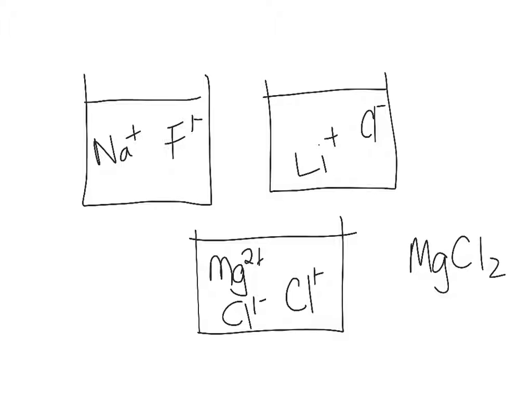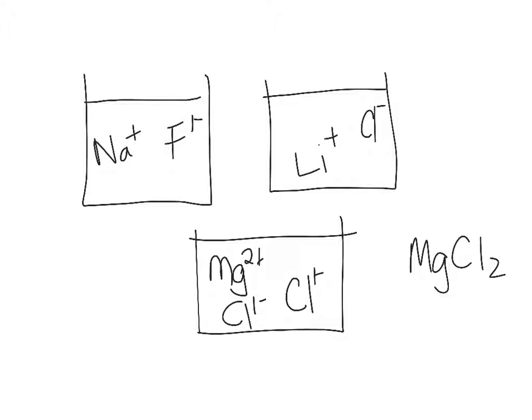This is going to be really important when we're trying to figure out the concentration of magnesium and the concentration of chloride. Because you have twice as many chlorides in solution as you do magnesiums.